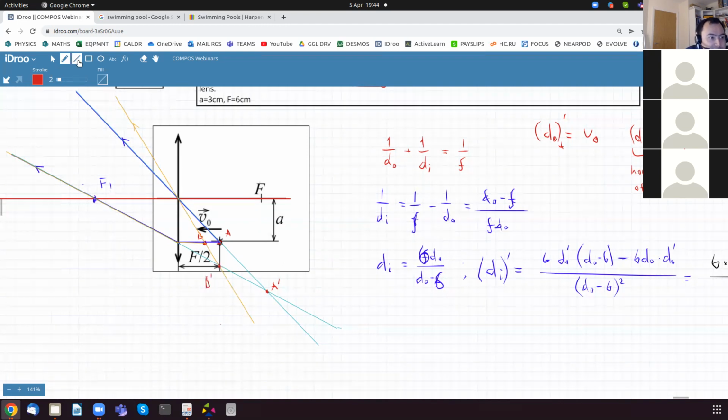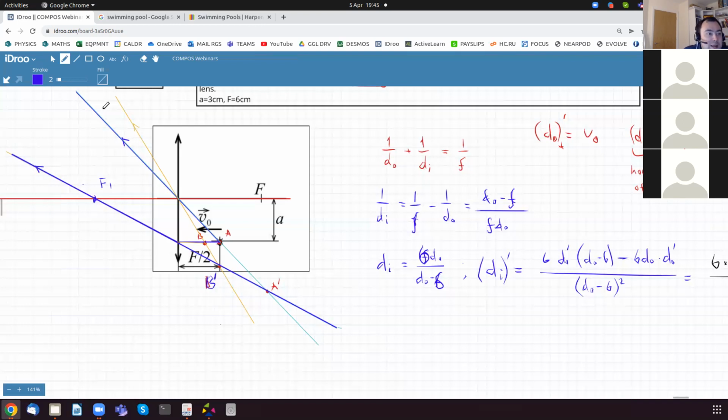So you can see quite a peculiar thing. The image moves along this line. And this is B prime.